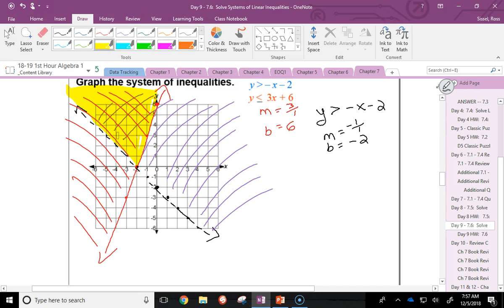But my solution is going to be inside there because that's where both regions of both solutions intersected. Any confusion on why this solution is in here? Pretty straightforward, right? This is the trickiest part of today's assignment, to be honest.